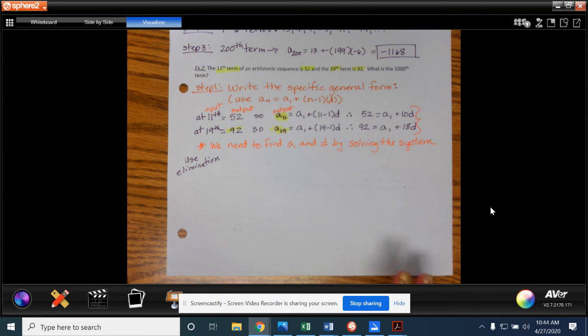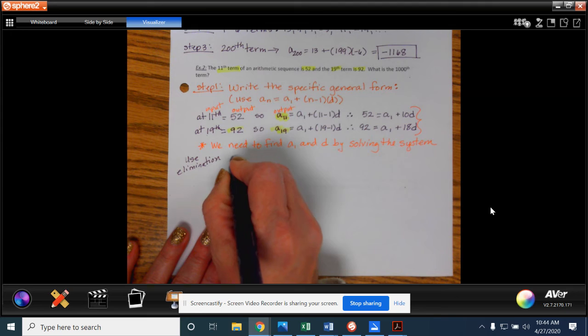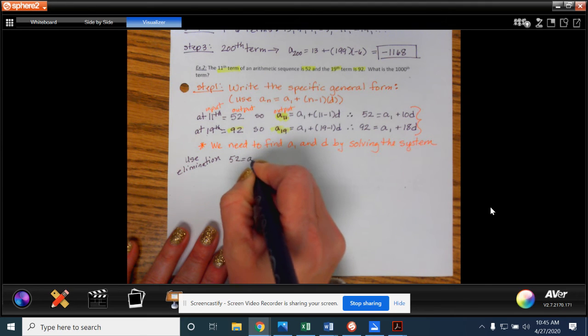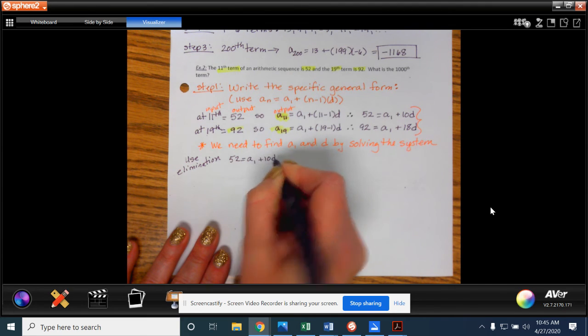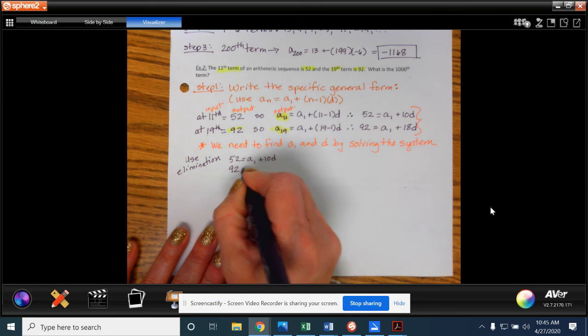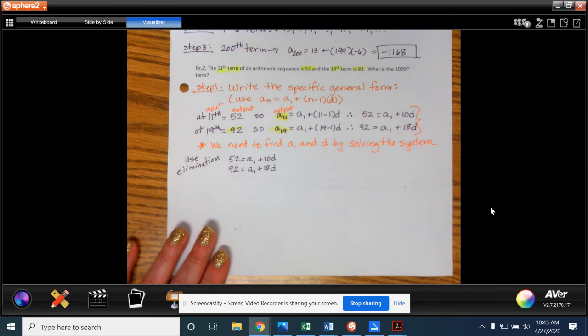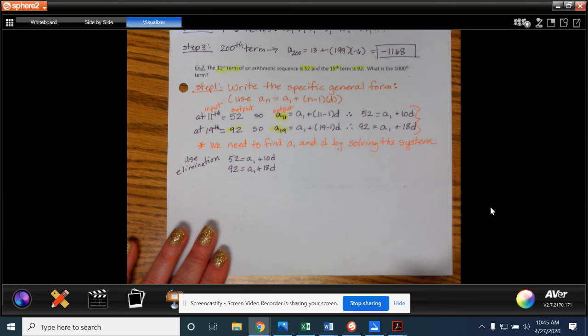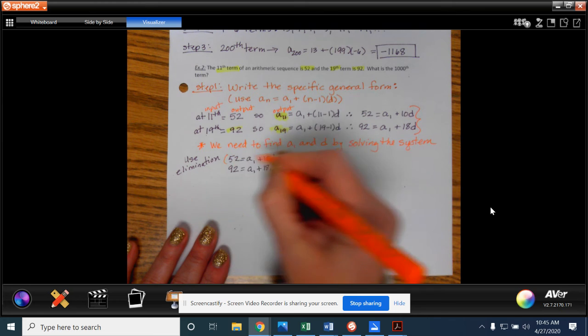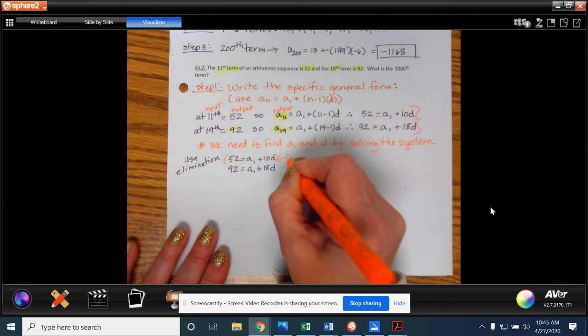Okay, so I take these two equations. I have, again, 52 equals a of 1 plus 10 times d, and I have 92 equals a of 1 plus 18d. Let's go ahead and I can eliminate these a's by making one negative. So I'll multiply this one by -1.